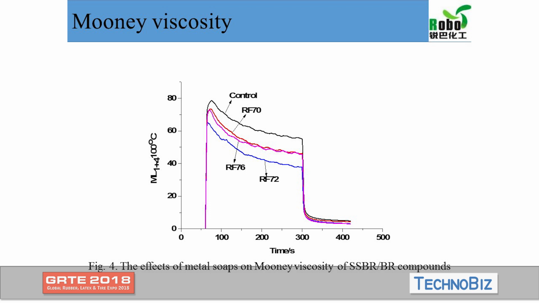This is similar to the layer structure of graphite, and the intermolecular force between the layered micelles is so weak that the layered micelles are liable to be separated under the shear stress. So the internal lubrication of metal soap reduces the interaction between polymer chains and will improve the flowing ability of the rubber compound.